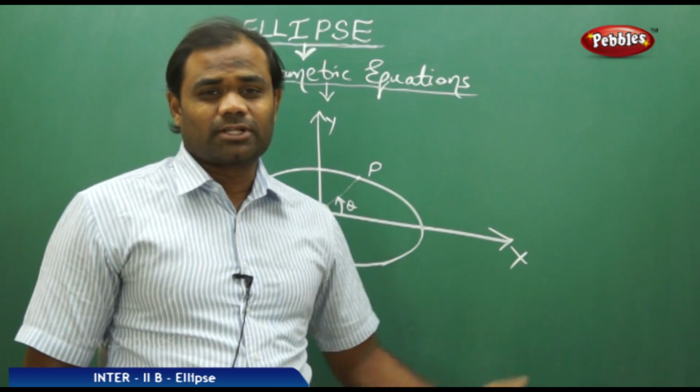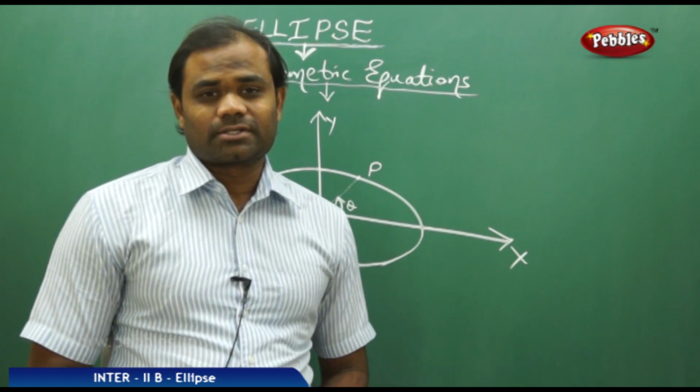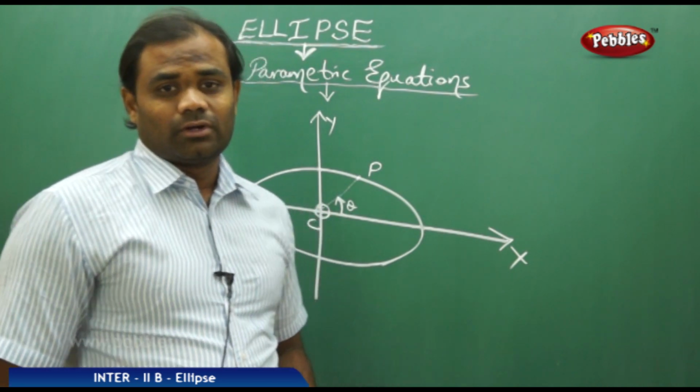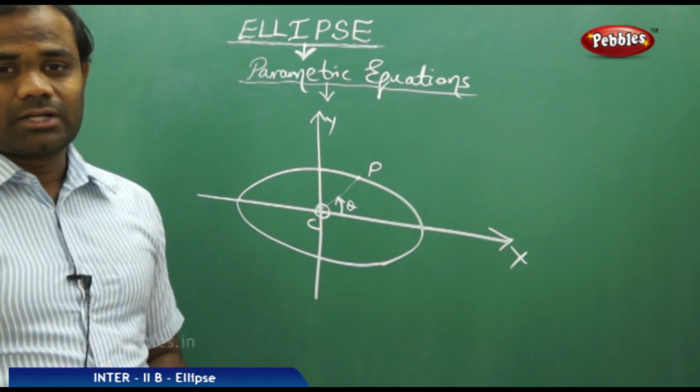As we have discussed for a circle, the parametric equations were x equal to r cos theta and y equal to r sin theta for the circle x squared plus y squared equal to r squared.